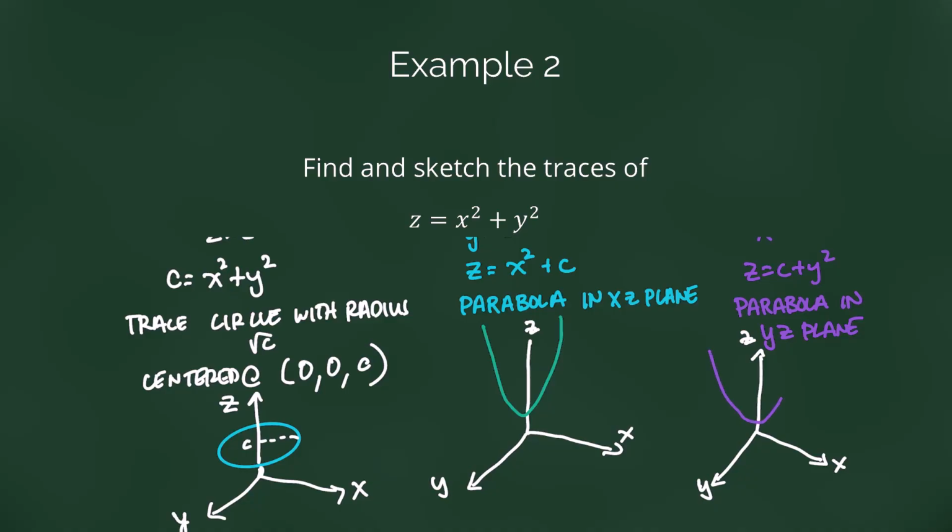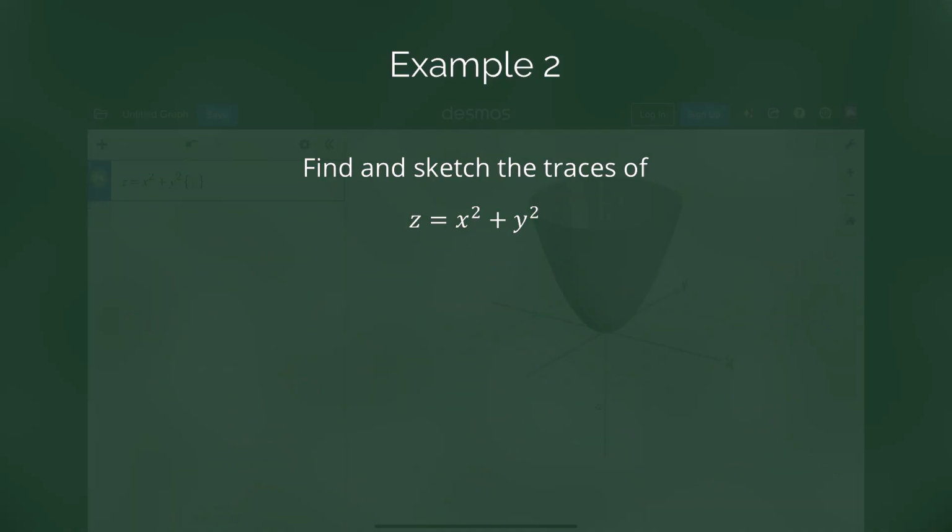It's very hard to differentiate between these last two because I'm terrible at drawing. But hopefully you get a sense of these. And you can also do this in applications like Desmos, where you just pick particular values for the variable you're replacing with c, and you'll get to see what the traces look like that way.